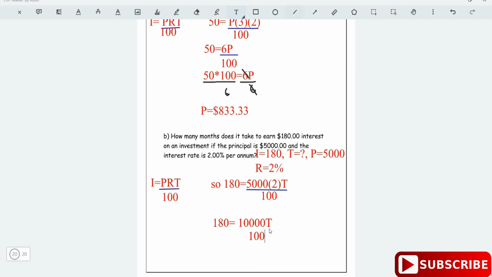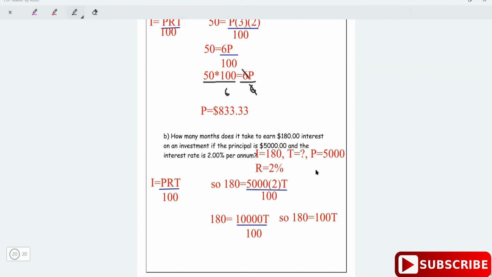So now all we need to do is divide 10,000 by 100, which is 100. So we get 180 is equal to 100t. And so now to make t the subject, we just divide both sides by 100.